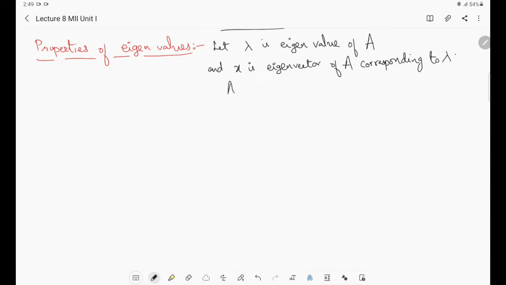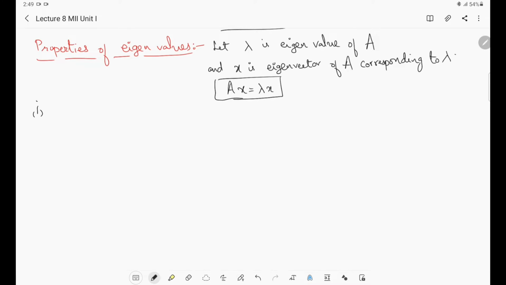Then we know that Ax equals lambda x. This equation will be satisfied because x is the eigenvector of A corresponding to the eigenvalue lambda. Then this relation will hold. Now we will start seeing the properties.